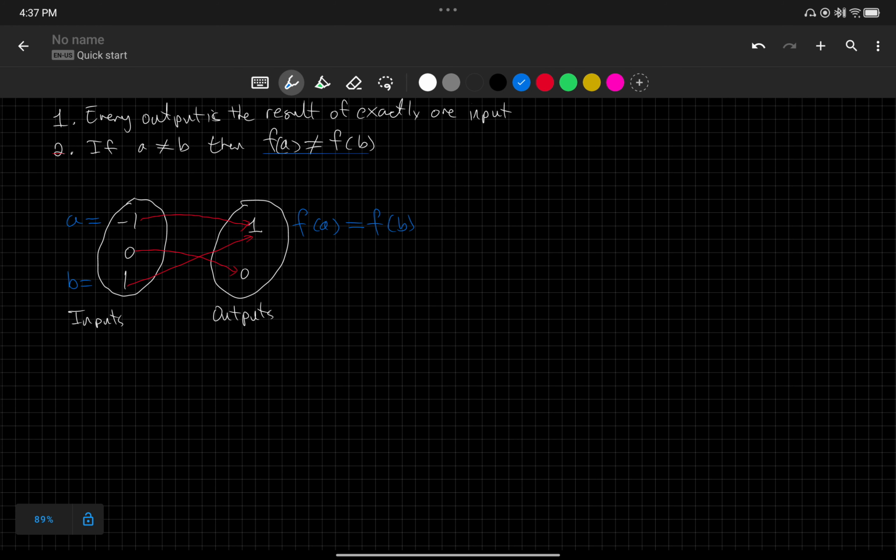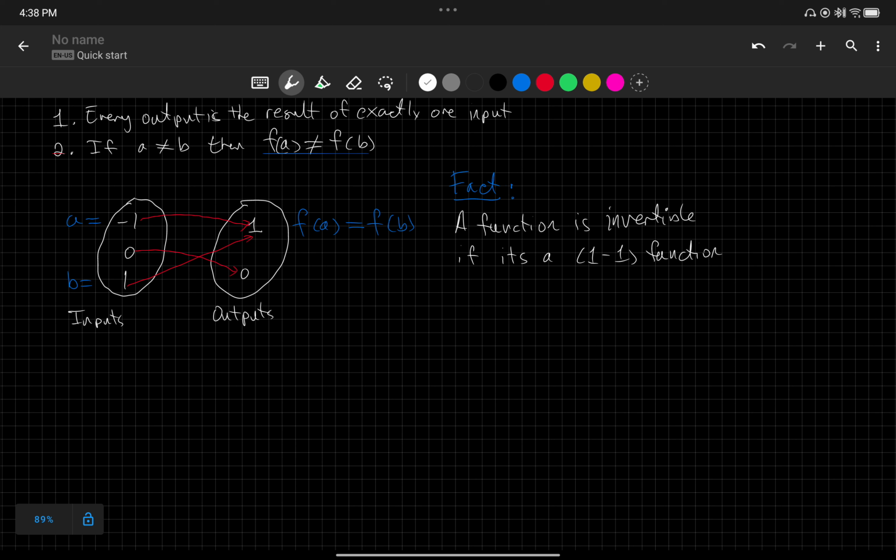So if we recall the fact, we say that a function is invertible, in other words, it has an inverse function, if it's a 1-to-1 function.